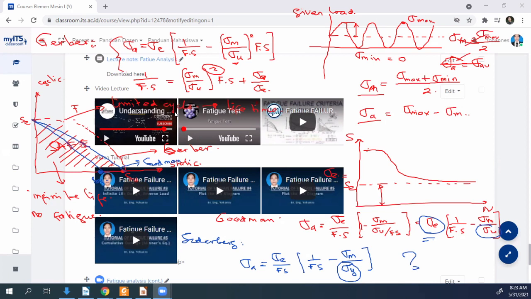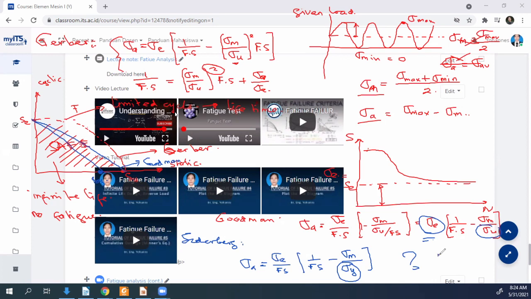It will suddenly fracture in a brittle manner. But for the Soderbergh criteria, he put a very strict, lower strength that can be handled by the specimen because it is based on the yield strength.